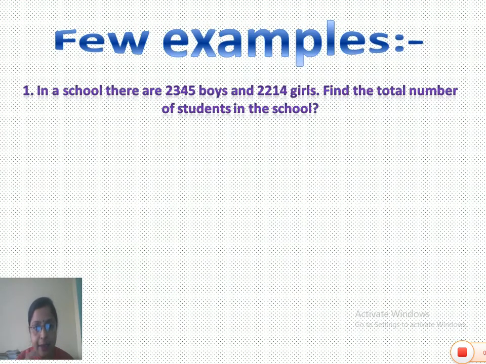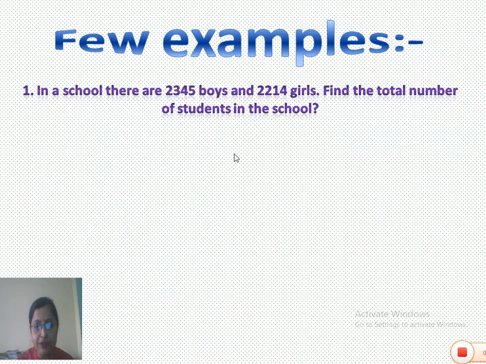The first example, my dear students, is: in a school there are 2,345 boys and 2,214 girls. Now, what we have to find out? The question demands, find the total number of students in the school.